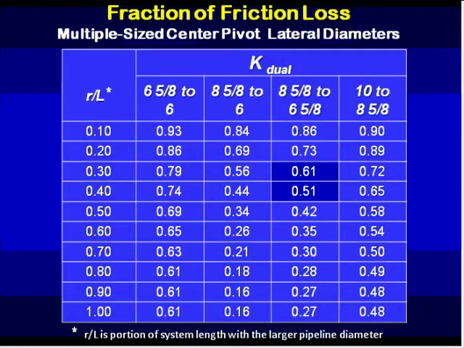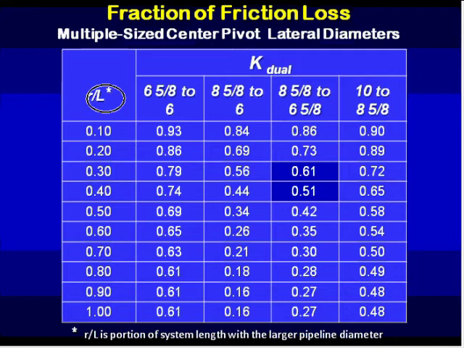So the K dual that we had in that previous equation is based upon this R over L factor that's in this table. R over L is the portion of the system length with the larger pipeline diameter. So in our case, 3 spans were of the larger diameter and 4 spans were of the smaller diameter.